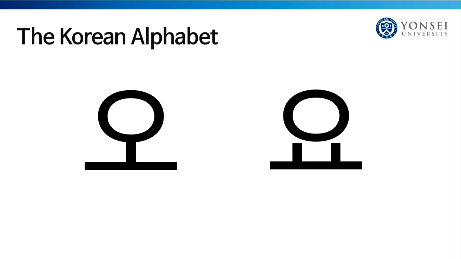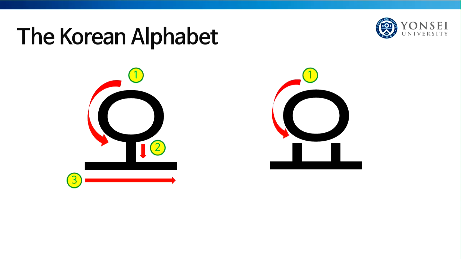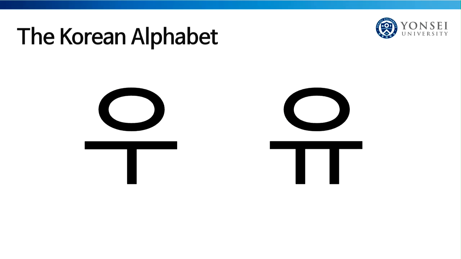Another O is written with a circle first, a short stroke top to bottom, and a long stroke left to right. O. Yo, a circle first, 2 short strokes top to bottom, and a long stroke left to right. Yo. U is written with a circle first, a long stroke from left to right, and a stroke top to bottom.